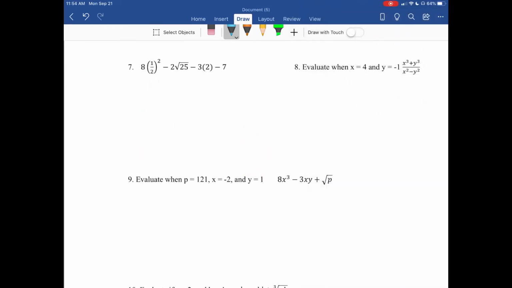The last one I wanted to do with you all before you have at your homework is to look at a question like 8. This is one where we plug and then process. So I'm still tackling my PEMDAS. I'm asked to evaluate this expression when x is 4 and y is -1. I have x cubed, and I'm replacing x with 4, so I'm going to put that in parentheses everywhere there's an x.